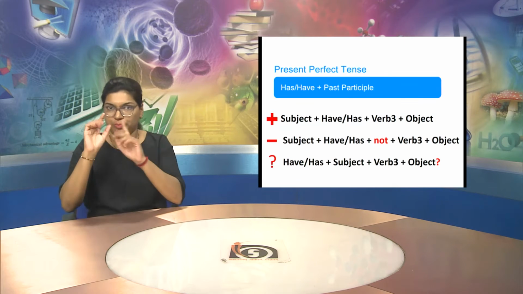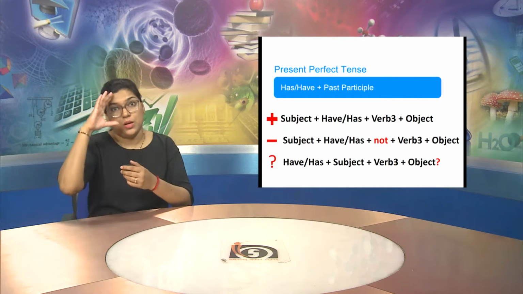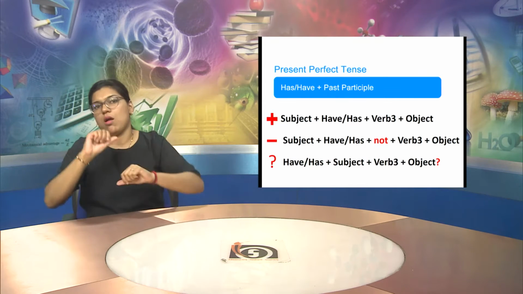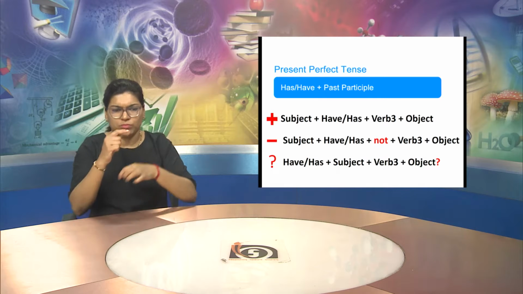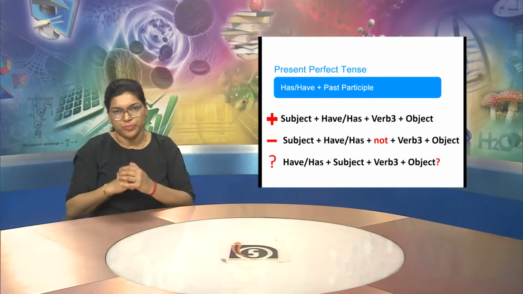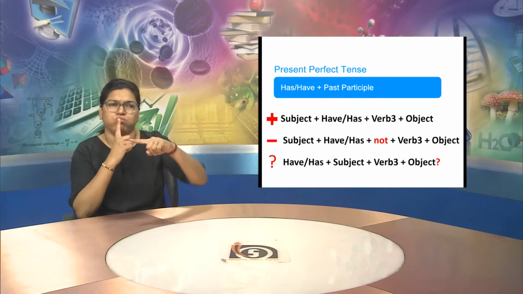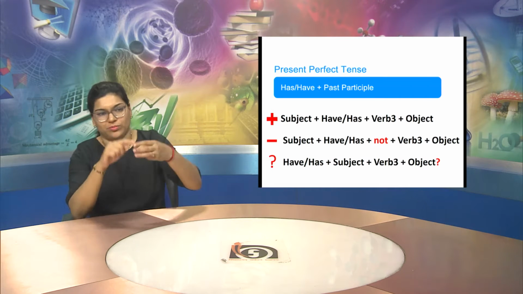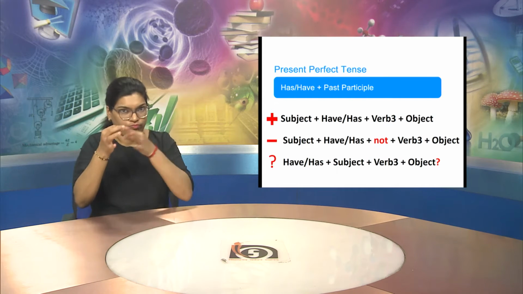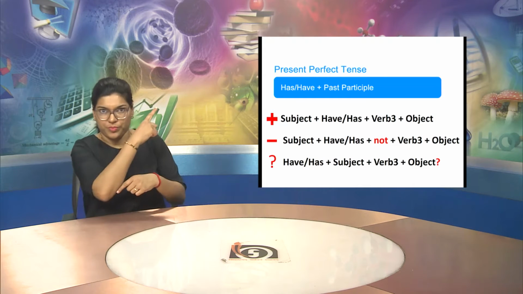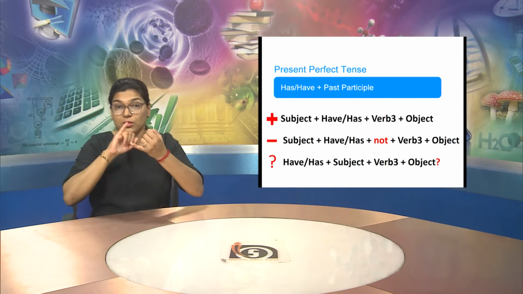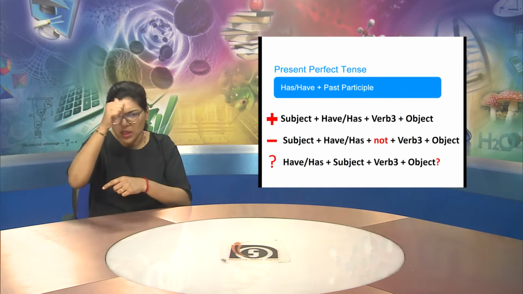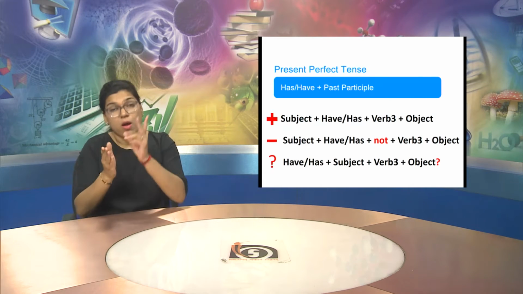Now you can see on the screen present perfect tense. So all these rules you must remember, how to place these words in the sentence, because while conversation we use so many sentences. We use negative sentences, we use positive sentences. Just like subject, you know there are different subjects: Hindi, English, mathematics, science.